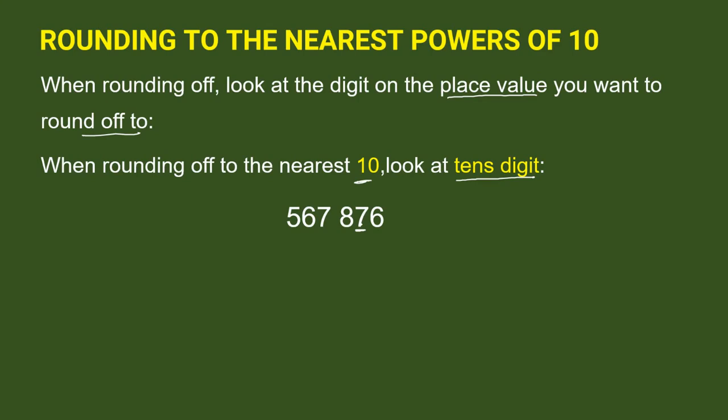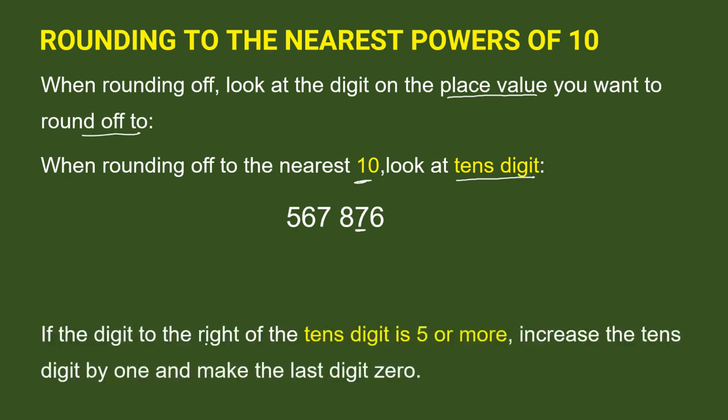But now, how do we know if this number should remain the same or be increased by 1? Take note of this. Just look at the digit to the right, which is 6. If the digit to the right of the tens digit is 5 or more, like 6 is more than 5, increase the tens digit by 1.